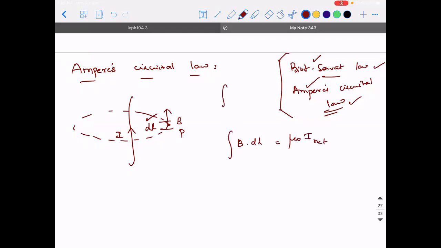So what I'm trying to say is, in Gauss law, surface integral of E dot ds is equal to charge enclosed divided by epsilon naught. Here, electric field is replaced with magnetic field, ds, area, is replaced with dl, 1 by epsilon naught is replaced with mu naught, and q net is replaced with I net. Then this loop that you're considering is what is called an Amperian loop.